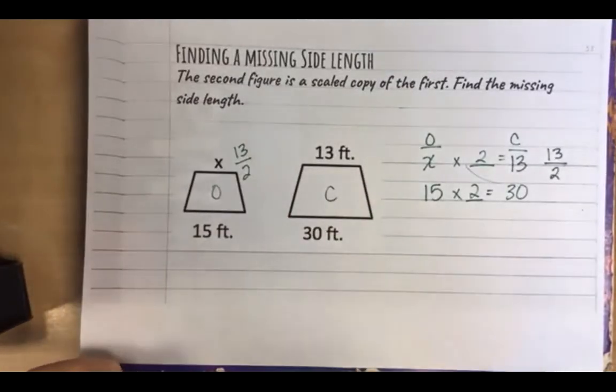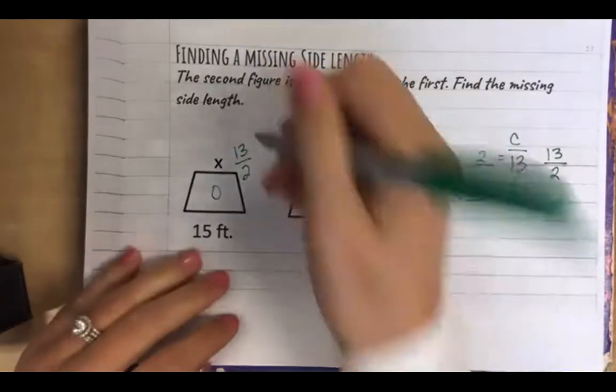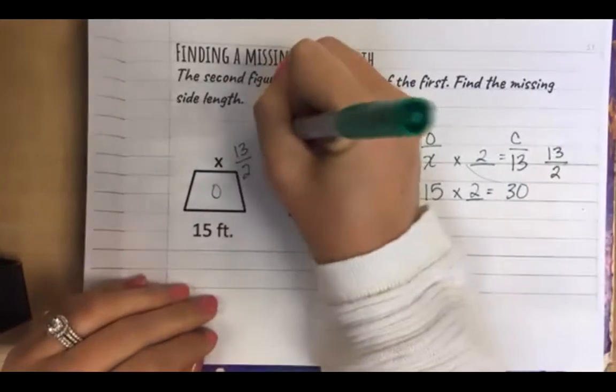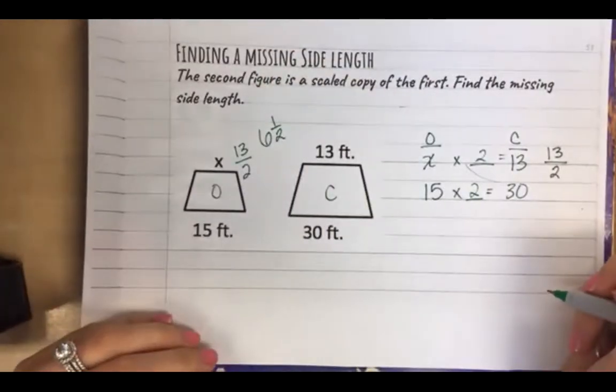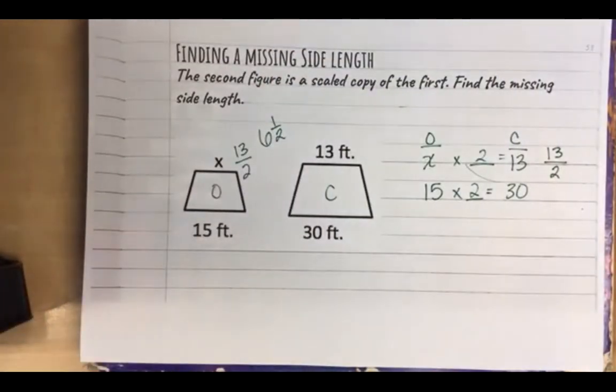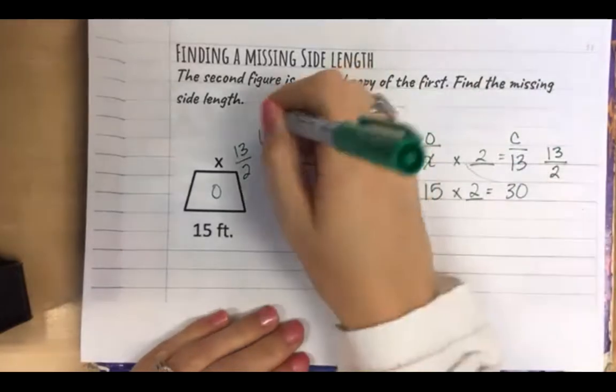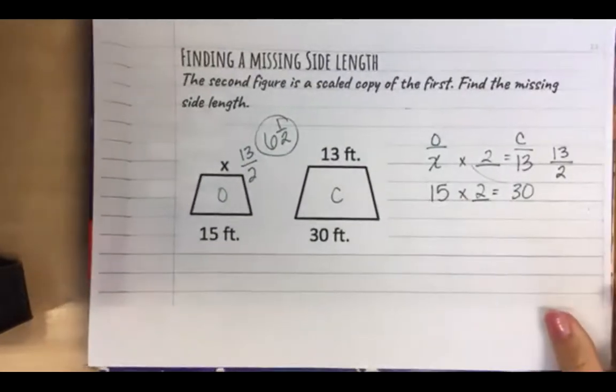I can do 2 times 6 and get 12. So I know it goes 6 whole times, and then there's 1/2 left over. So 6 and 1/2. That gives me a measurement a little bit better than 13 over 2, or 13 halves, okay? So that would be our measurement for X.